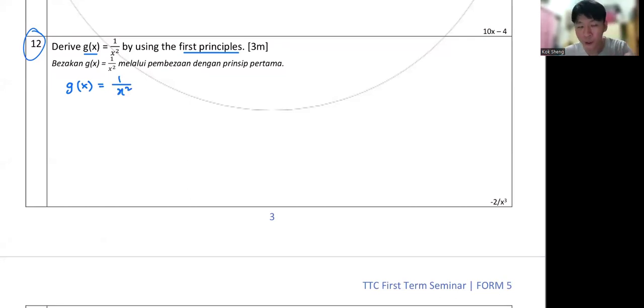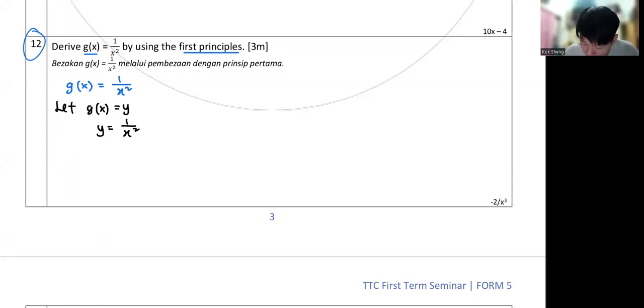Okay, so I make it easier for you to see, I change the g(x) to y first. So which means you get y equals 1 over x squared.